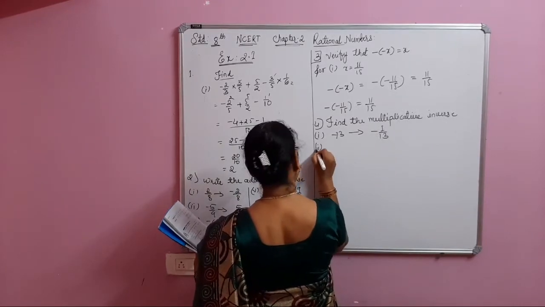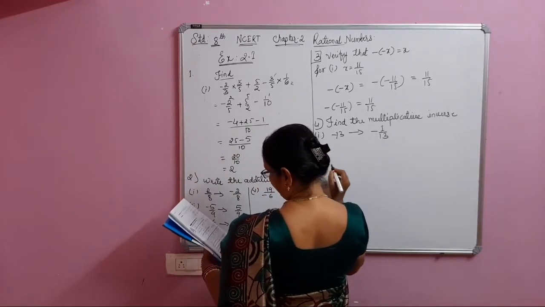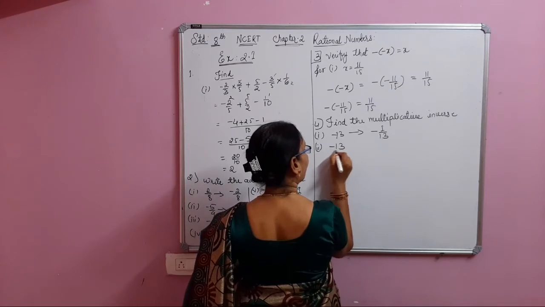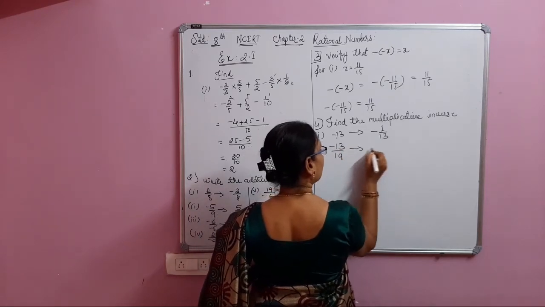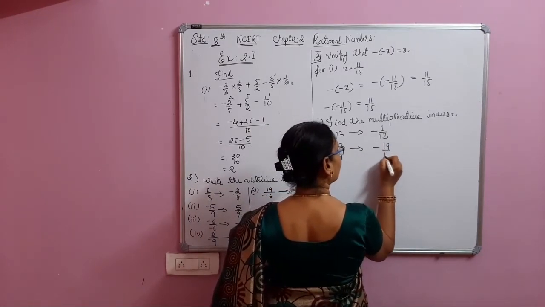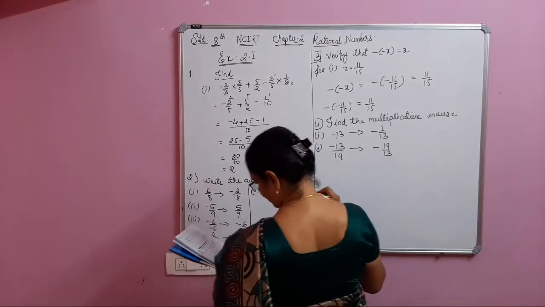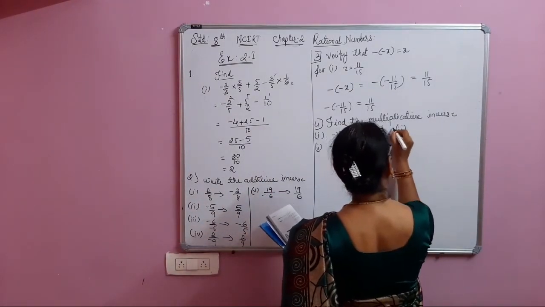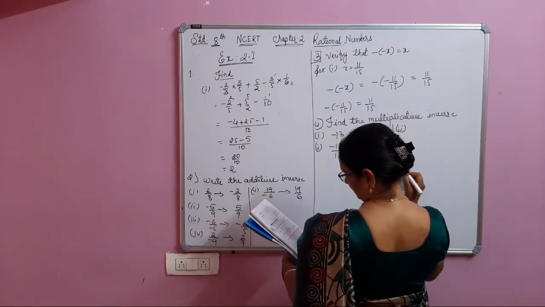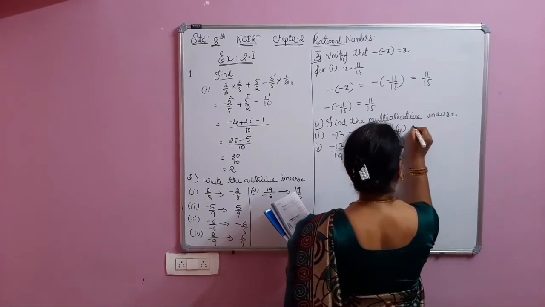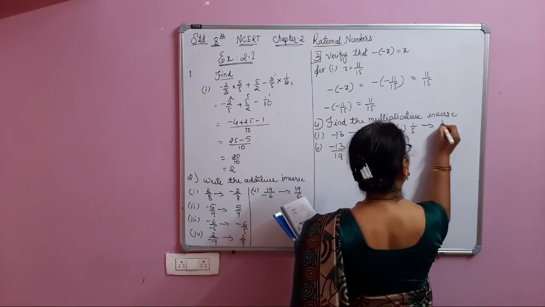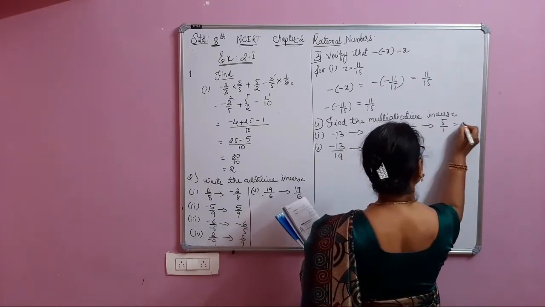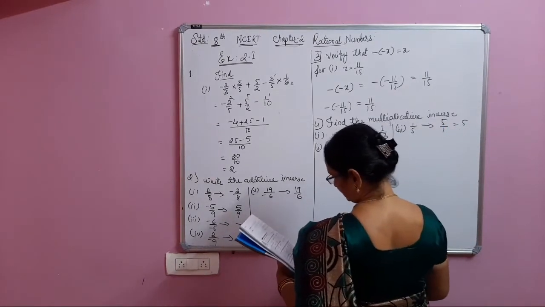Then the second one, minus 13 by 19. This is nothing but minus 19 by 13. Next, the third one, 1 by 5 is nothing but 5 by 1, or this is nothing but 5, you can also write.